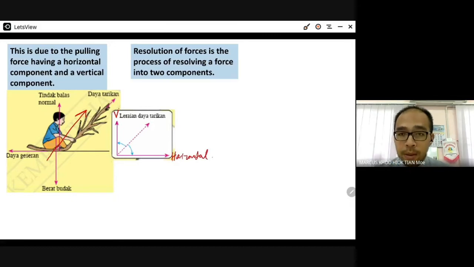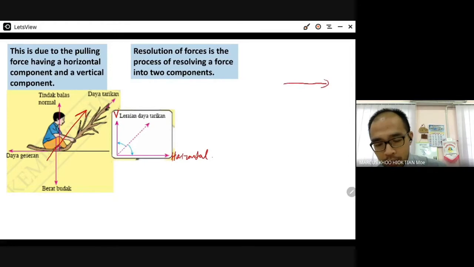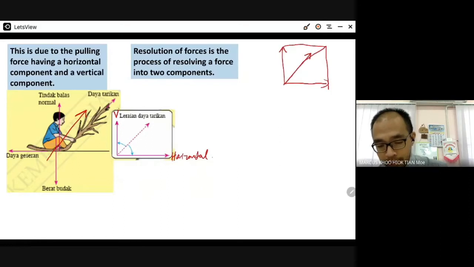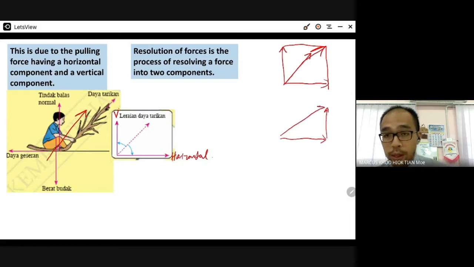If you remember our previous lesson, if you have one force this way and another force this way, the resultant force is this way. And how do we do that? We do that by two methods. Either we draw a parallelogram and then we draw the diagonal, or we make a triangle. The resultant force triangle, remember? So here and then here, so the resultant force is this way.